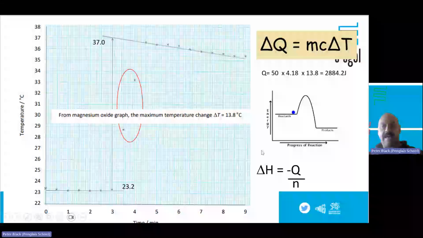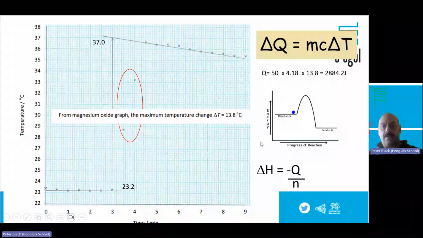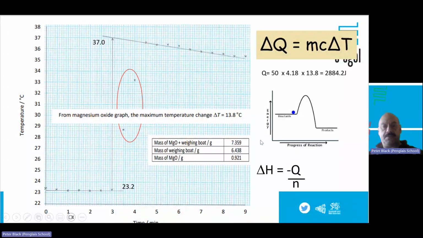To work out n, we need to go back and look at the mass that was used. So we used 0.921 grams. I'm going to give you a moment to work out the number of moles of the magnesium oxide.